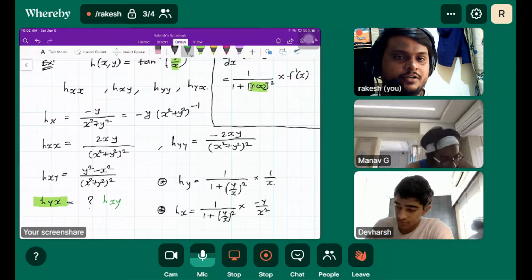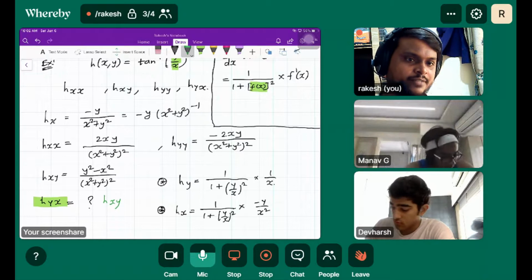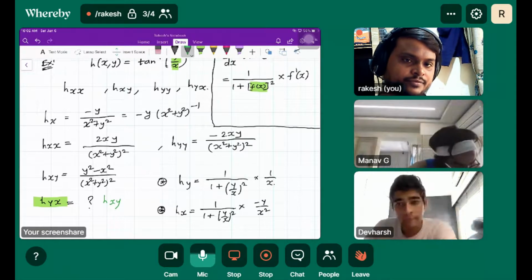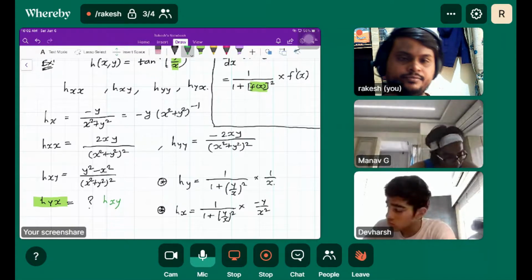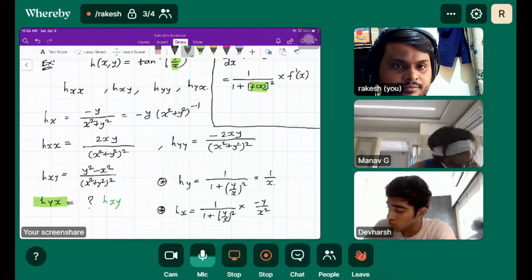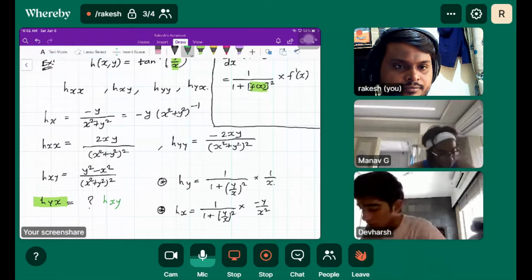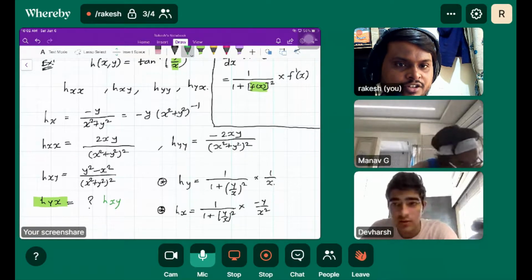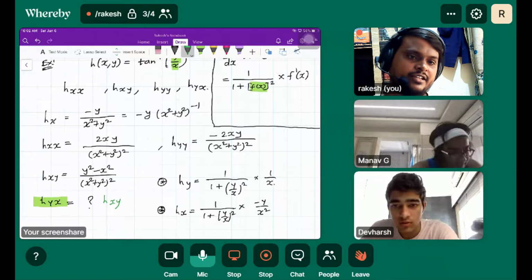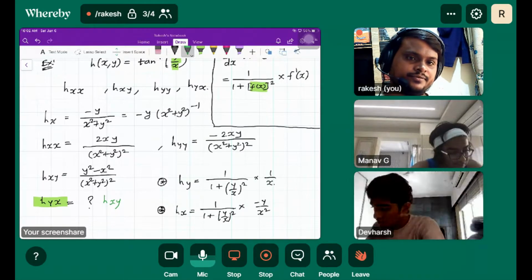What about Manu? Have you done all? Try to observe one more thing in this. That's important. Even h_xx and h_yy are equal in this case. They are not equal, right? Their magnitudes are equal, but one is plus and the other is negative.